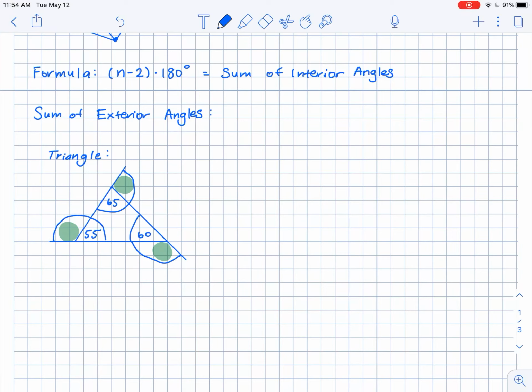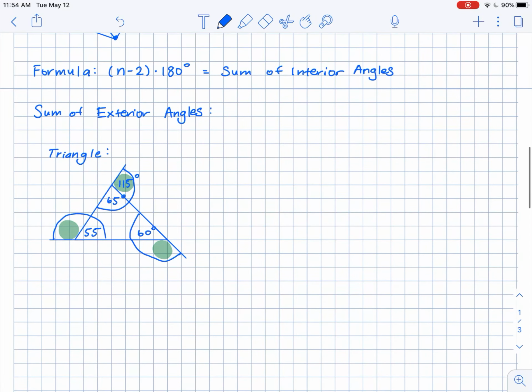These are supplementary angles, and these are supplementary angles. Supplementary angles add up to 180 degrees. Okay, so let's look at the top exterior angle. 65 degrees. Okay, what plus 65 degrees is going to give us 180 degrees? 115 degrees.